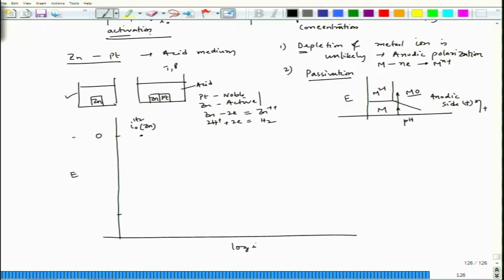This is E0, and this E is equal to minus 0.76 volt, and this is for zinc plus zinc, and this is for hydrogen H2, and it is lying here for zinc. This is I0 for zinc on zinc surface.